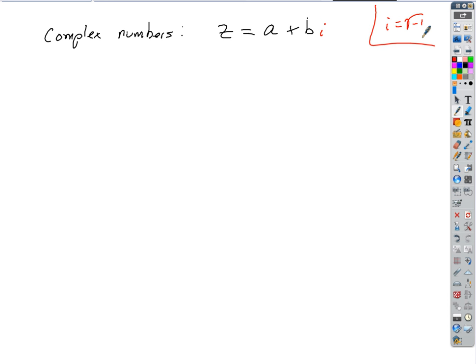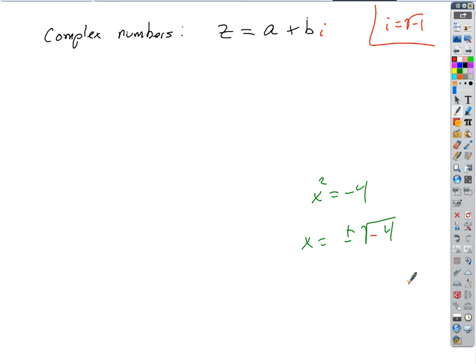So remember why we even have these bizarre numbers. These are numbers that we need if we want to solve some equations that we couldn't solve before, right? We looked at some examples last week. Let's pick a really easy one. What if I have x squared equals -4, and I want to solve that very simple quadratic equation? What's the only thing I've got to do? Square root both sides. So I get x equals plus or minus the square root of -4.